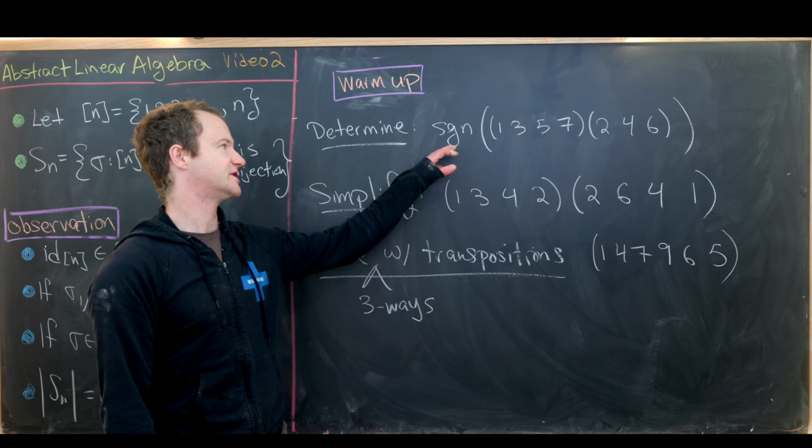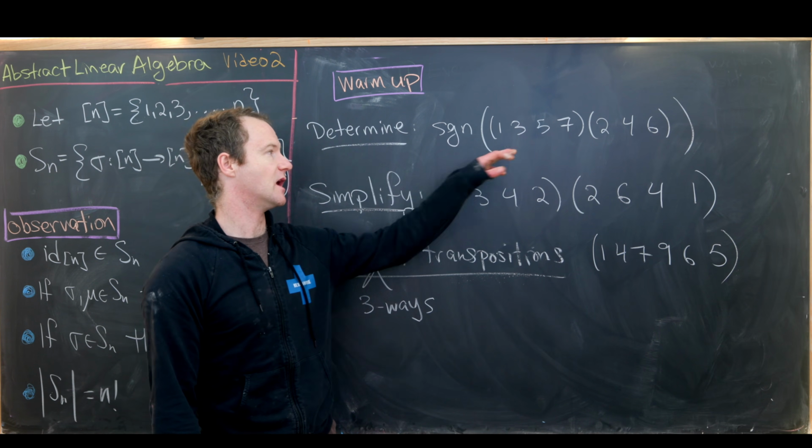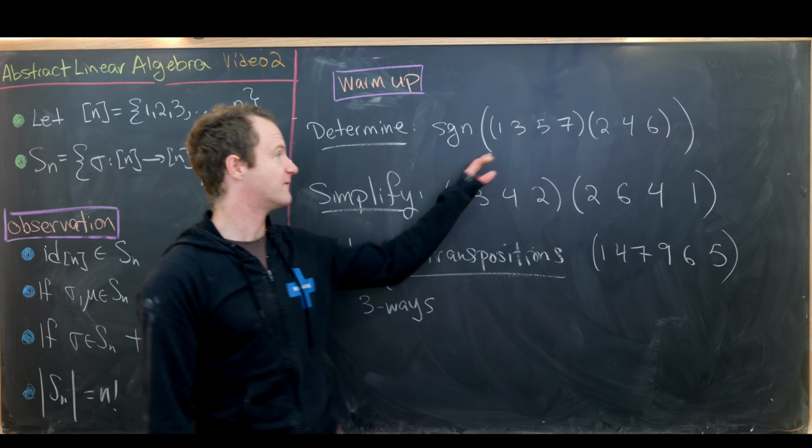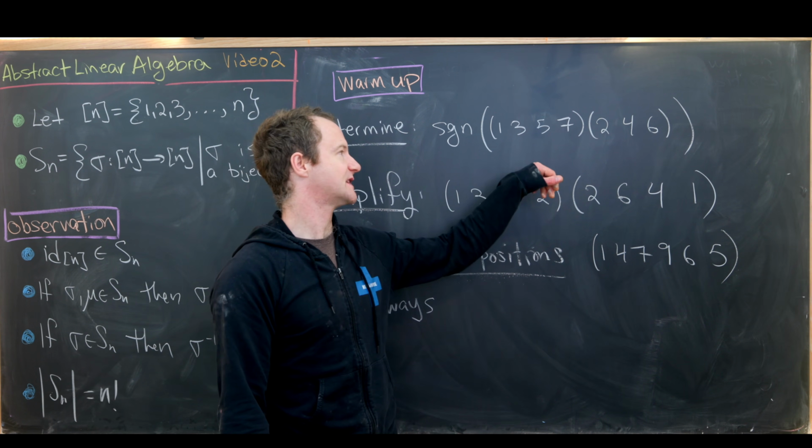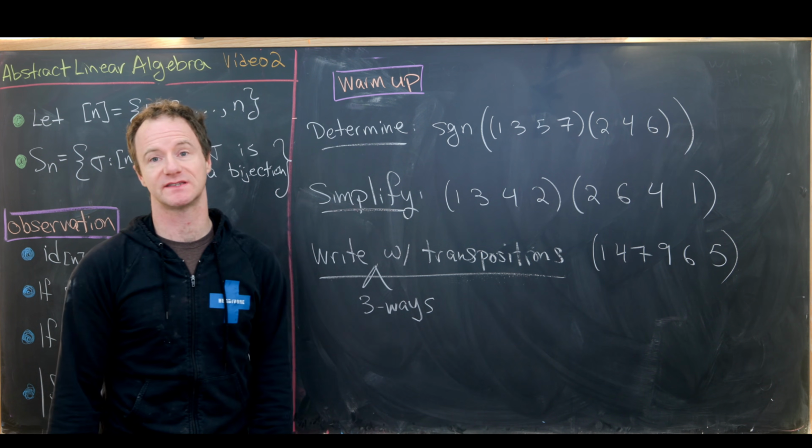The first is to determine the signum of this product of a 4-cycle and a 3-cycle. So we have (1 3 5 7) and then (2 4 6).